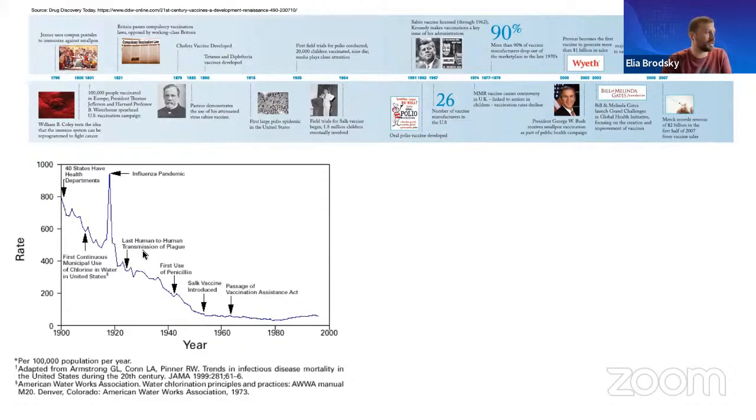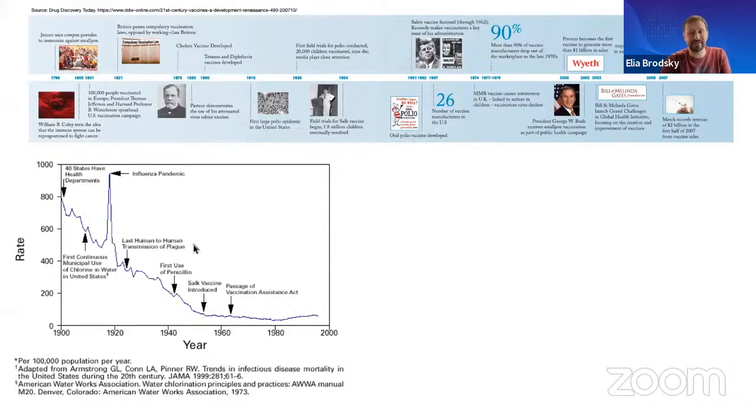You can see how specific diseases that we think maybe are well in the past have actually not been so long ago. So this is the influenza, the flu pandemic that killed millions of people, and plague that was last observed here in the 1920s.